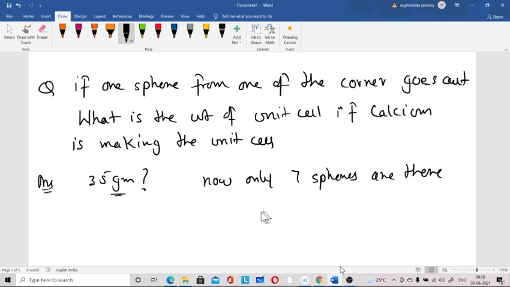If only 7 spheres are there, each sphere will always contribute only 1 by 8. So 1 by 8 contribution into 7 means it is now 7 by 8 sphere.